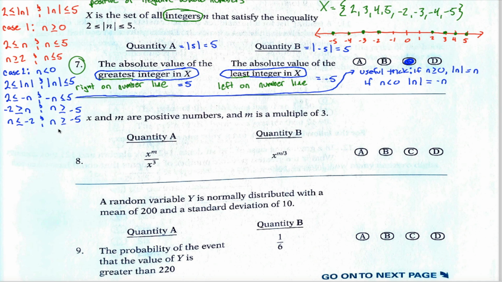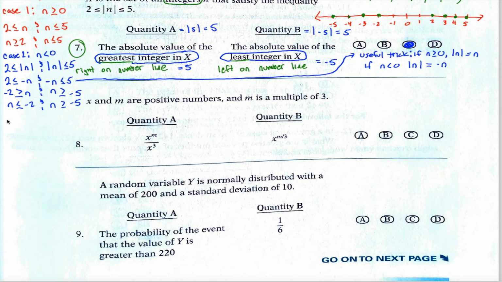These I can interpret. I'm less than or equal to -2 and I'm greater than or equal to -5. Oh, I'm in between -5 and -2. The integers that satisfy these inequalities are -2, -3, -4, and -5. Maybe it's easier if you write them in the other order. N has to be greater than or equal to -5 and n has to be less than or equal to -2.